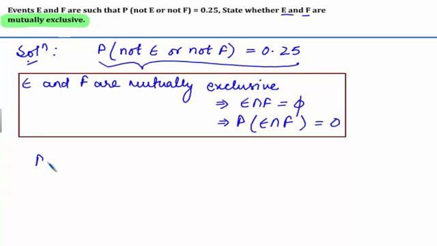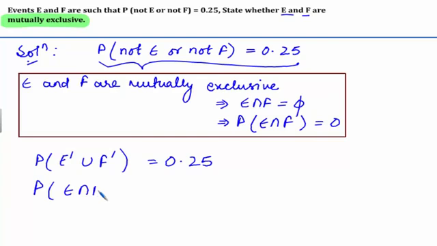Now we are given that probability of not E union not F is equal to 0.25. Now probability of not E union not F can be written as probability of E intersection F complement. So this is equal to 0.25.